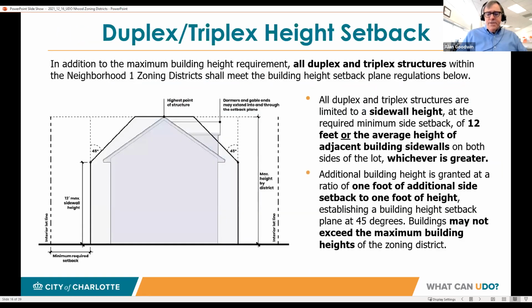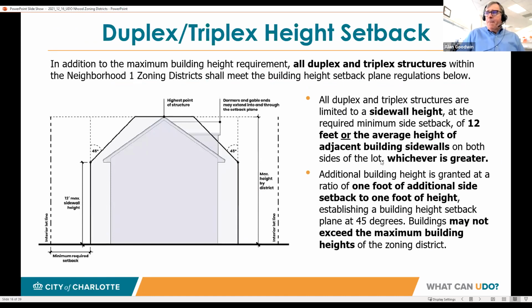I mentioned that there is a special height requirement for duplexes and triplexes in the neighborhood 1 zoning districts, and it has to do with a maximum sidewall height. And you can see on the diagram how that's measured. It's measured from the grade up to the eave.